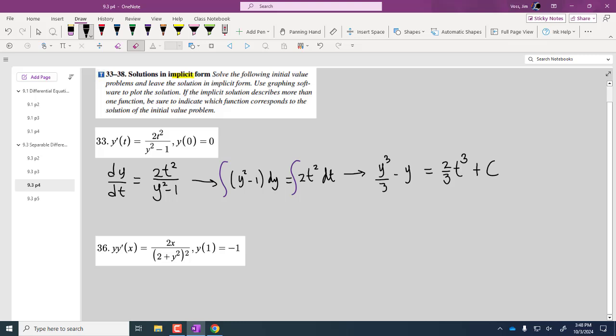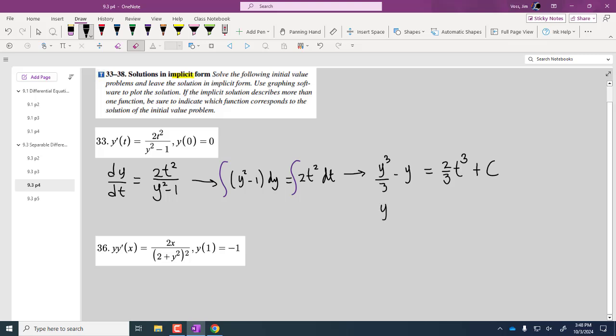So there is our general implicit solution. And we cannot solve for y here. If we factor out the y, we're going to have a y times y squared minus 1 essentially, and that's not going to be in a form that we can isolate the y.